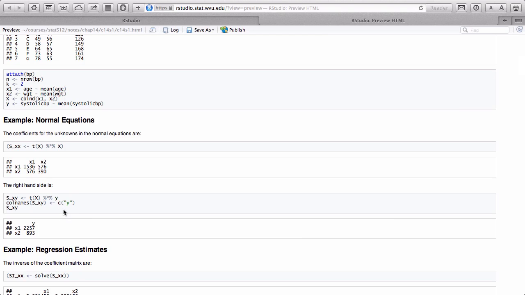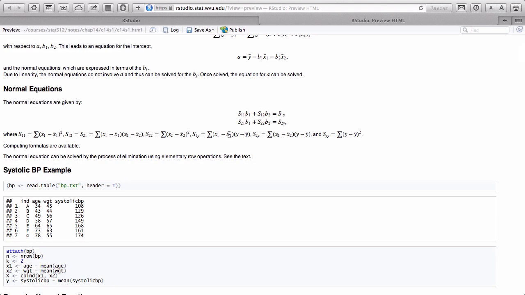That's 576. So this matrix corresponds to S11, S12, S21, and S22. If you look here, you see how S11 is defined. S12 is equal to S21, and then this is S22, and so forth.